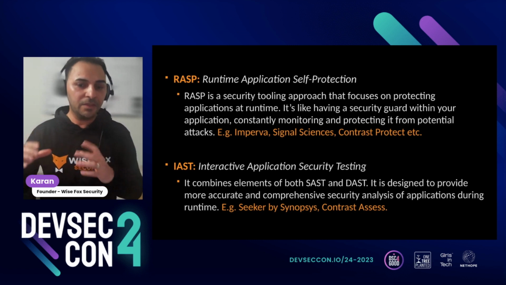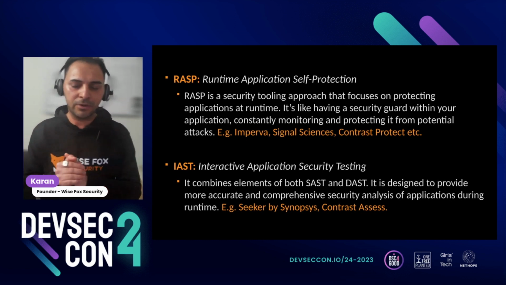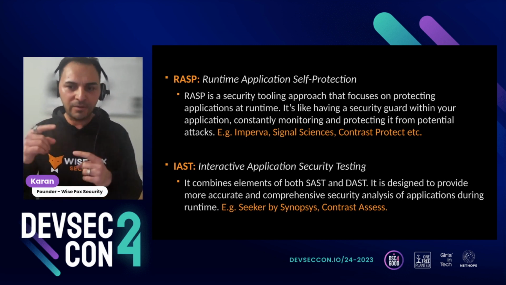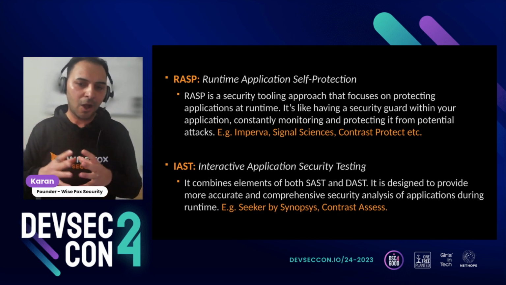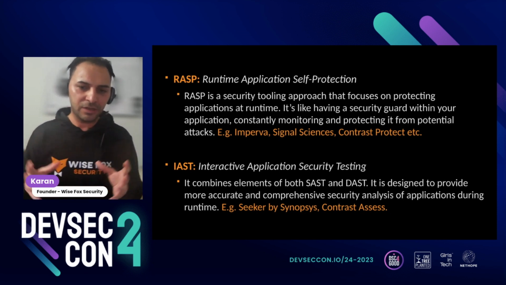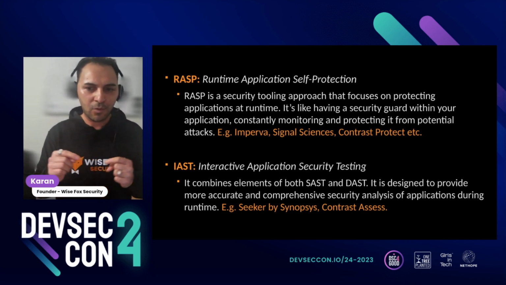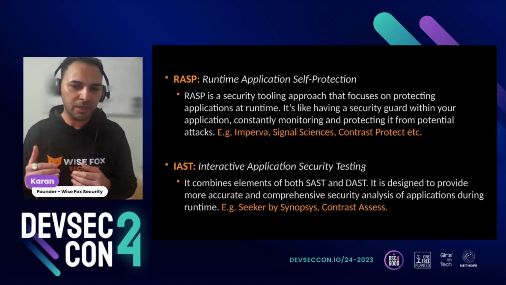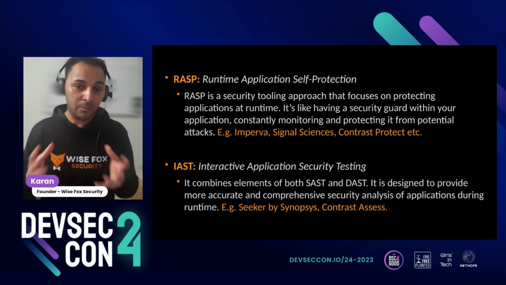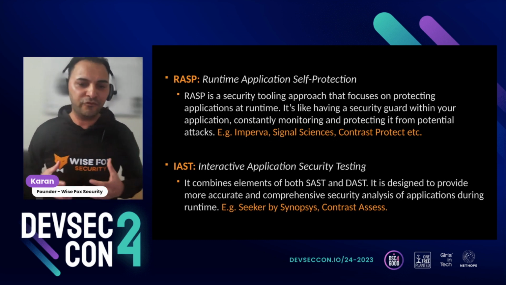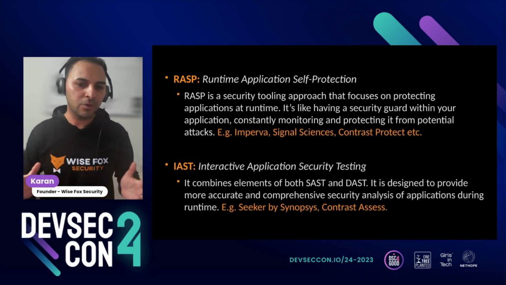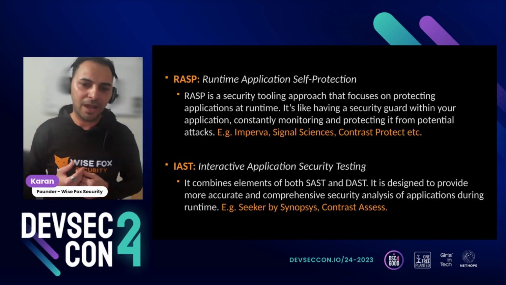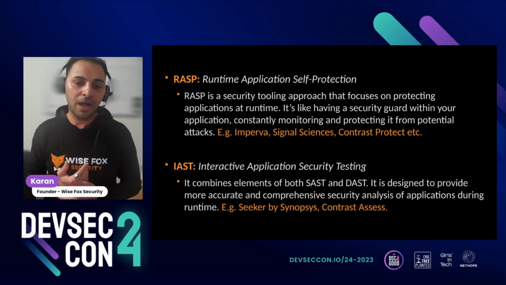With IAST, you deploy an agent on the web application server, and it analyzes how much coverage your security tests have, or what the coverage looks like across your source code when you're performing different types of testing. With the help of IAST, we can ensure that we cover all of our code base, and it will also help us analyze our application security posture more thoroughly.